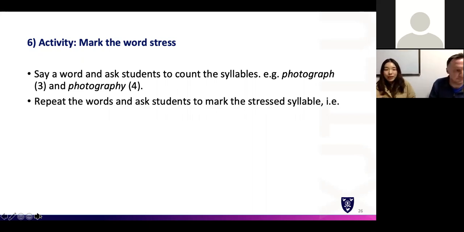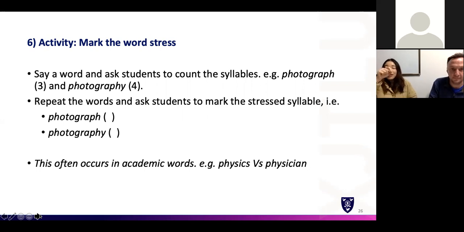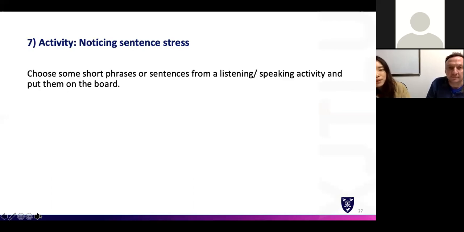And then repeat the words and ask students to mark the stressed syllable. For example, you can ask them to use a dot to indicate where the stressed syllable is. And this often occurs in academic words as well. For example, physics and physician. So I believe it's worth teaching the word stress on different syllables. It's very useful.